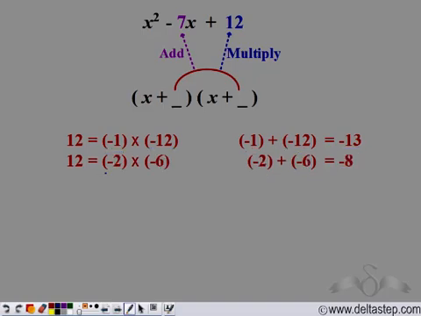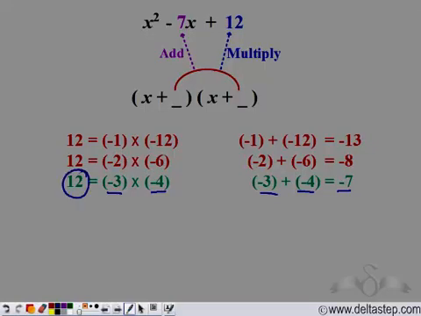12 could also be written as negative 2 into negative 6. Negative 2 plus negative 6 gives us negative 8, which is not equal to negative 7. We can also write 12 as negative 3 into negative 4. Negative 3 plus negative 4 is negative 7, which is what we wanted. So we have a 12 here, we have a 12 here, we have negative 7, we have negative 7.